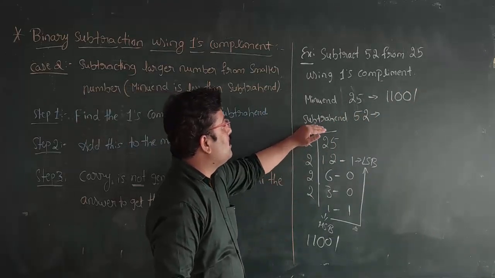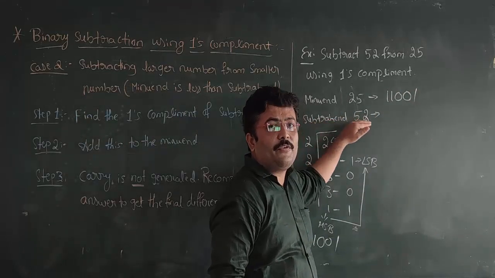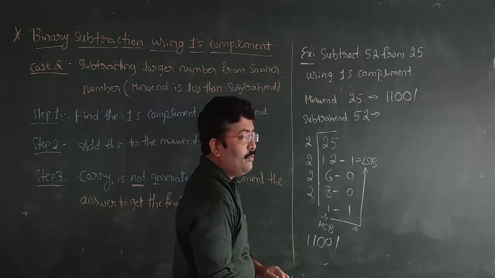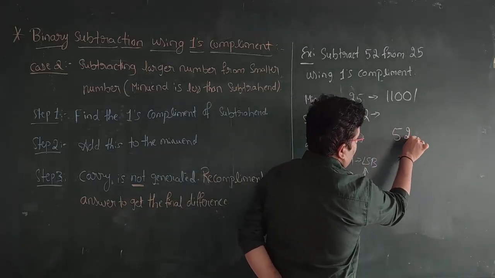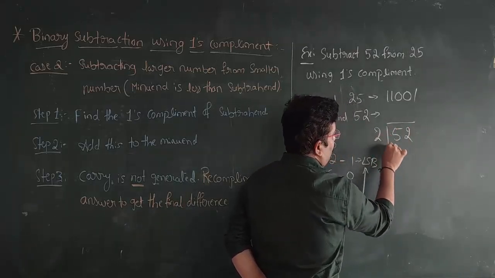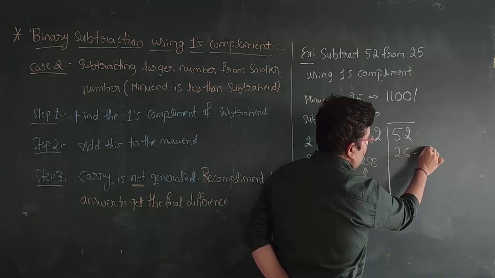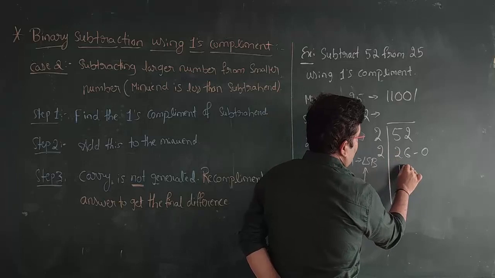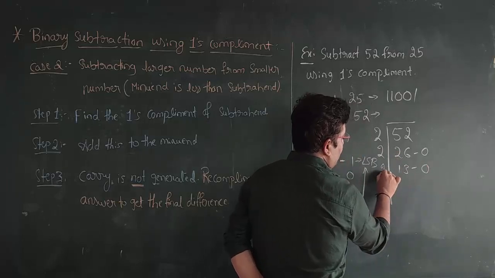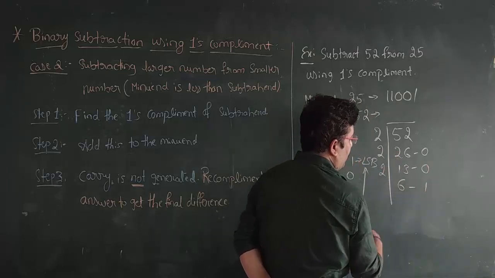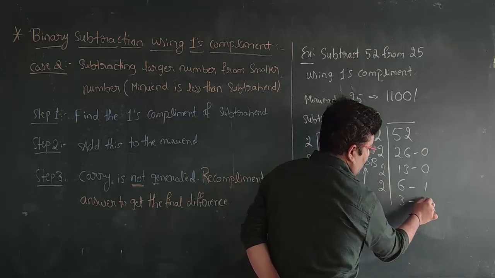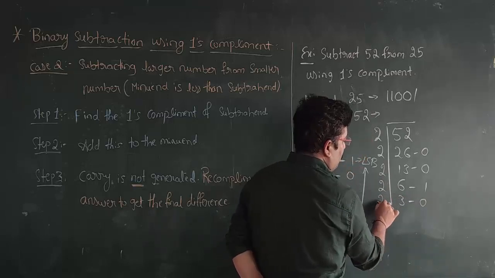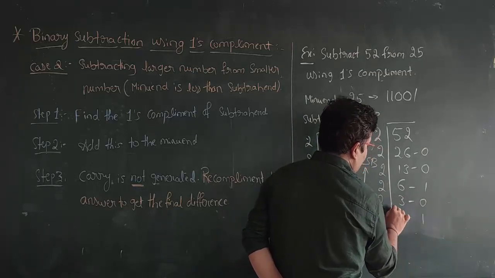And again, the subtrahend value is 52. The binary number of 52: 26 2s are 52, remainder is 0. 2 13s are 26, remainder is 0. 2 6s are 12, remainder is 1. 2 3s are 6, remainder is 0. 2 1s are 2, remainder is 1.